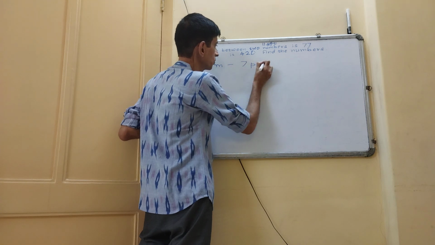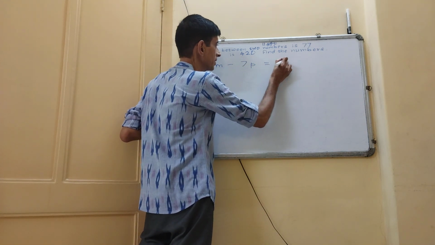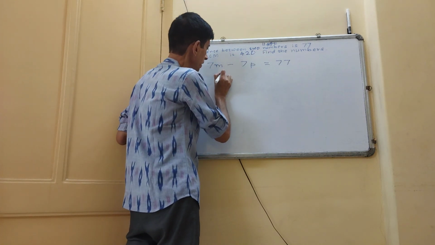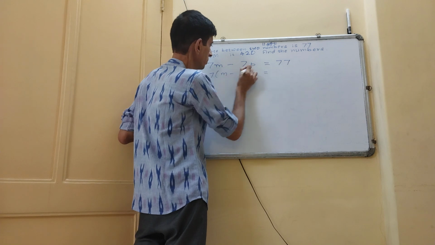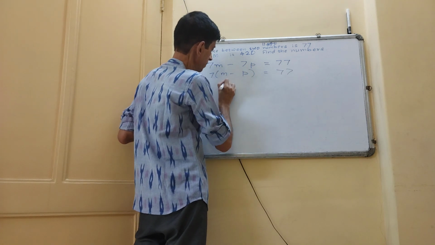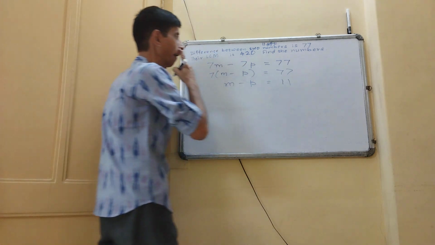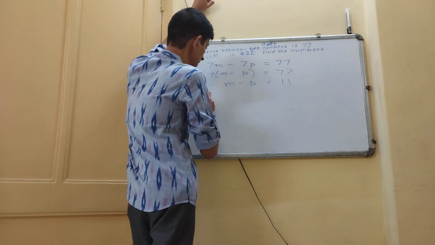So 7m minus 7p is equal to 77, the difference between the two numbers. If you take 7 as common, then m minus p becomes 11.